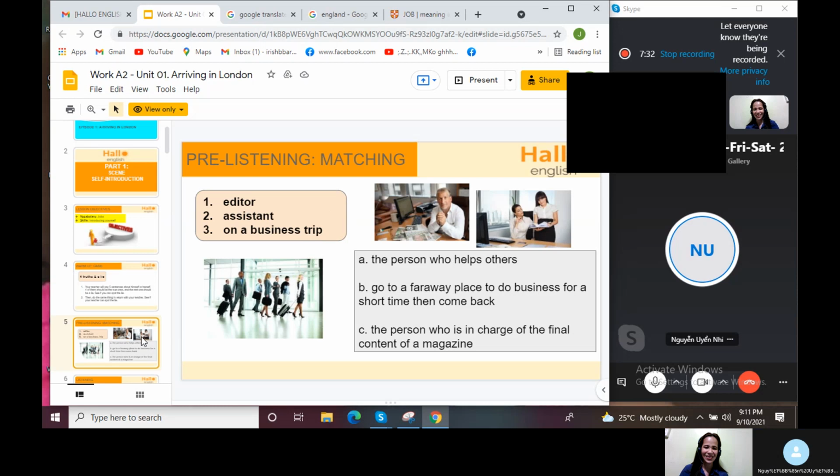So now let's go to the next page, the pre-listening matching, Rose, okay? Now try to look at the picture and please read the sentences here, A, B, C. Read first letter A. Letter A, can you read?